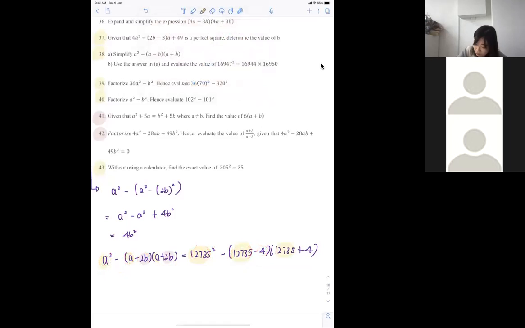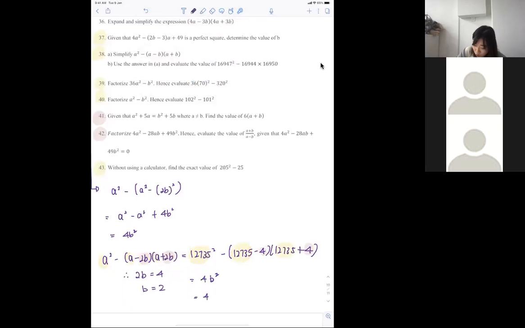Can you see 2b, 4, 4? Okay, Megan. So, therefore, 2b is equals to 4, so b is equals to 2. This one, I write one side first. You know that your answer is 4b square.